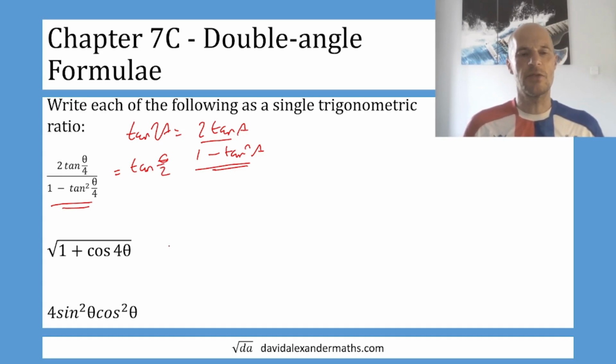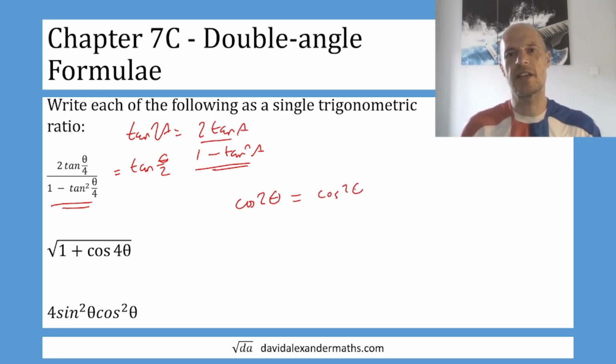Okay, so the square root of 1 plus cos 4 theta. This one is really not that obvious at all, and the reason probably is because it says cos of 4 theta, not the cos of 2 theta. Well, we know that the cos of 2 theta can be written as cos squared theta take away sine squared theta. So the cos of 4 theta can be written as cos squared 2 theta minus sine squared 2 theta.